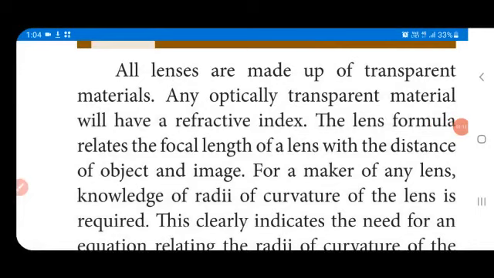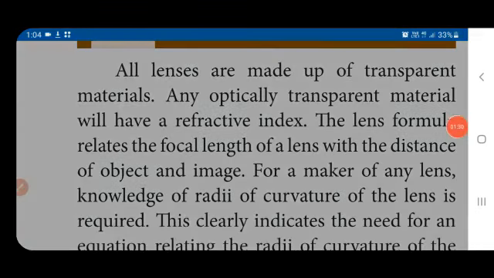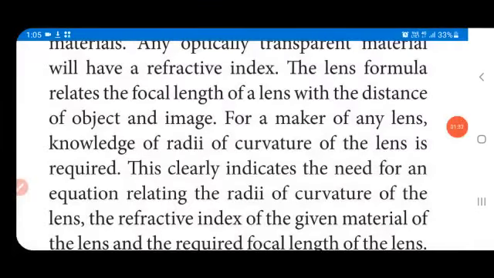So here the lens formula relates the focal length of a lens with the distance of object and image. So what is meant by focal length? The focal length is the distance between principal focus and optical center O. For any lens, the knowledge of radii of curvature of the lens is required.